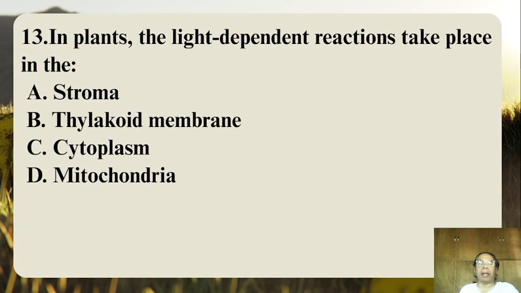MCQ number 13. In plants, the light-dependent reactions take place in the A. Stroma. Letter B, thylakoid membrane. Letter C, cytoplasm. Letter D, mitochondria.